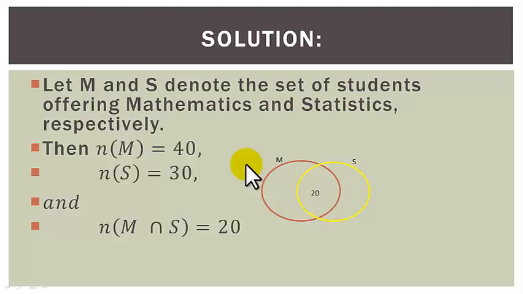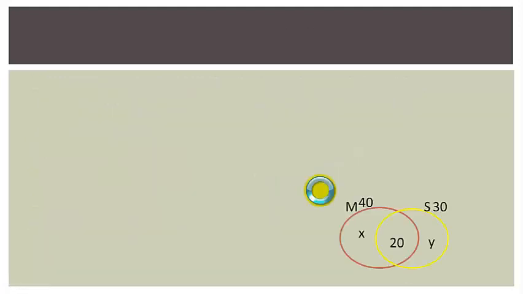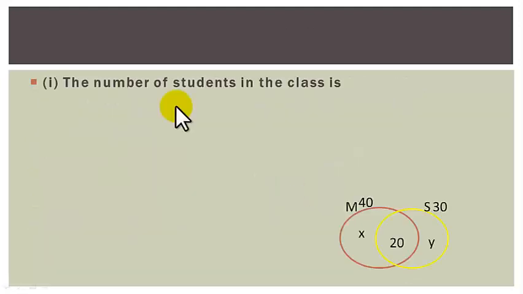Clearly, the number of students offering both mathematics and statistics is 20, and it is entered first. So enter 20 here. The number of students offering mathematics is 40, and the number offering statistics is 30. Then, 1.